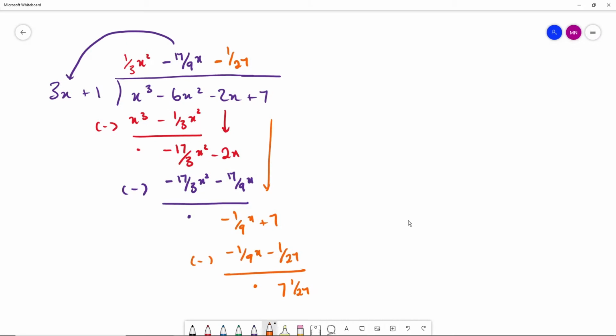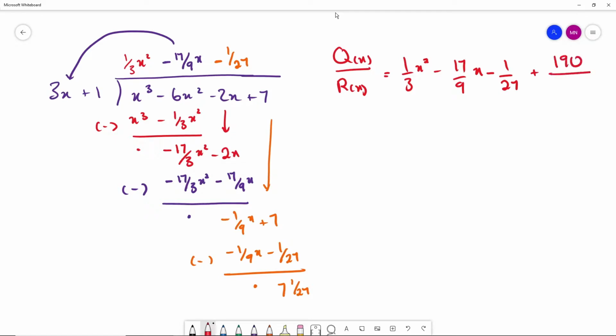So the final answer, we can write q(x) over r(x) equal to 1 over 3 x squared minus 17 over 9x minus 1 over 27 plus the remainder, that is 190 over 27 times 3x plus 1. So that is our final answer for polynomial q(x) divided by polynomial r(x).